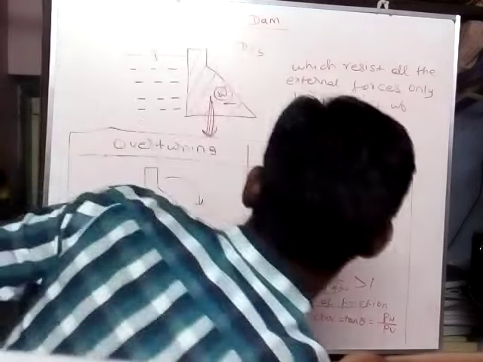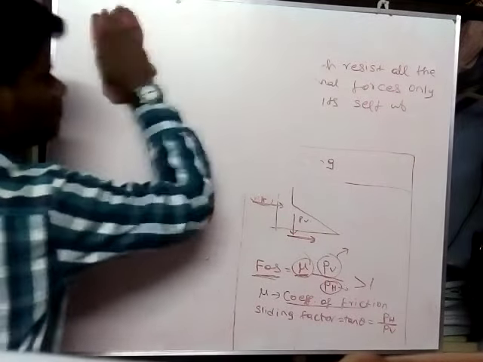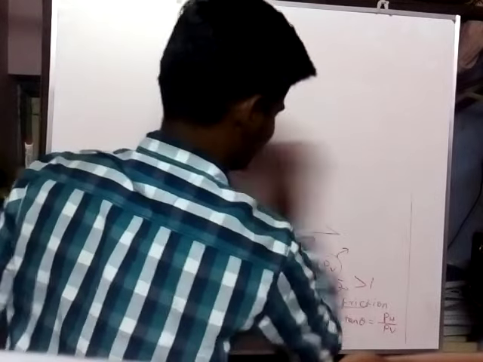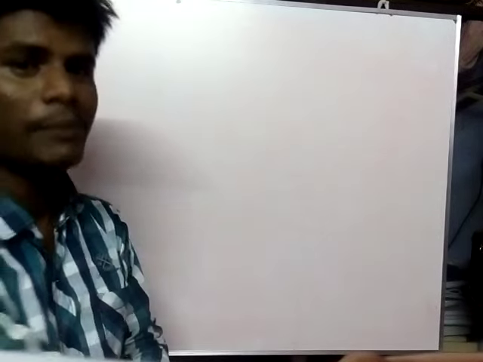Then, in a gravity dam, tension is not permitted at any point of the dam. Tensile force is not permitted at any point of the dam.